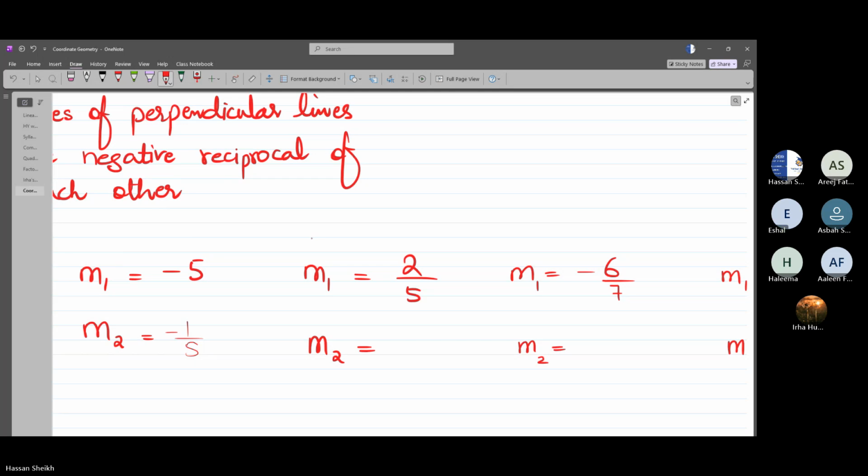Yes. Yes. Yes. Halima? Sir, they're perpendicular, right? Yeah, they are perpendicular, obviously. Yeah, then that's right. Okay.